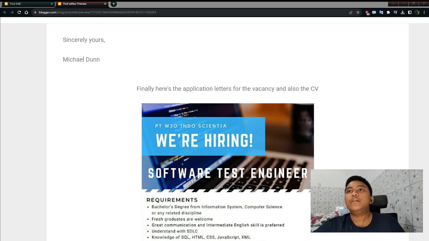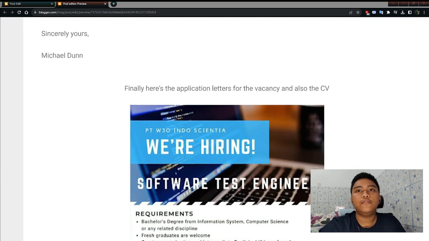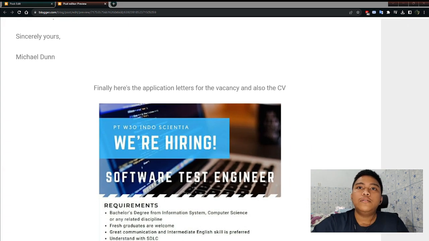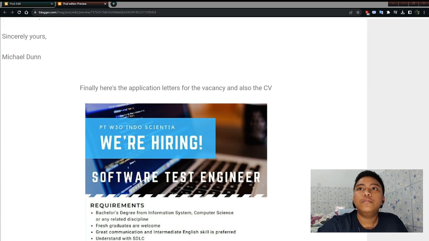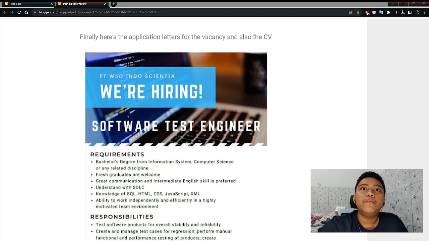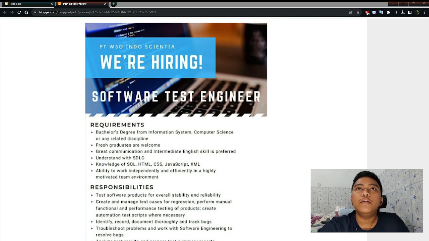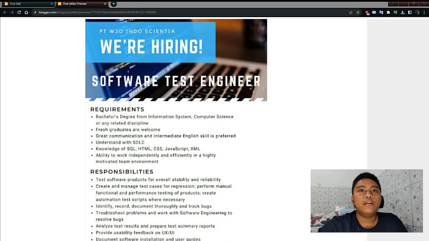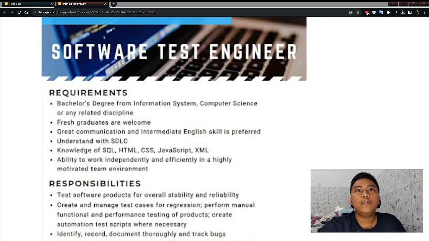So finally, there's the exercise where I have to search for a vacancy and write the application letter for it. So here's the vacancy I chose from PT W3O Indo Scientia. They were hiring a software test engineer, and the requirement is a bachelor degree in information system, computer science, or any related discipline.